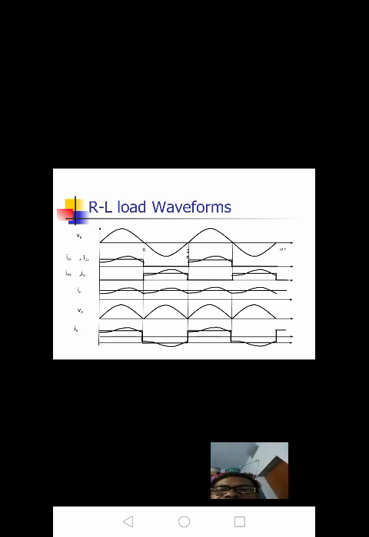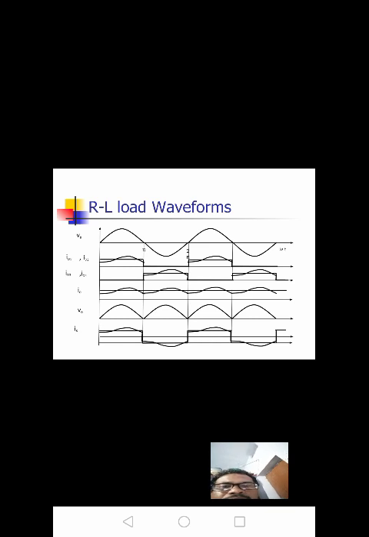Similarly ID3, ID4 during the negative half cycle. The current flowing in the circuit due to resistive nature is constant, and due to the inductive load it will be varying with respect to time. These two are merged, we will get the output waveform as continuous current for the resistive load. The slight variation will be shown, increasing and then decreasing.